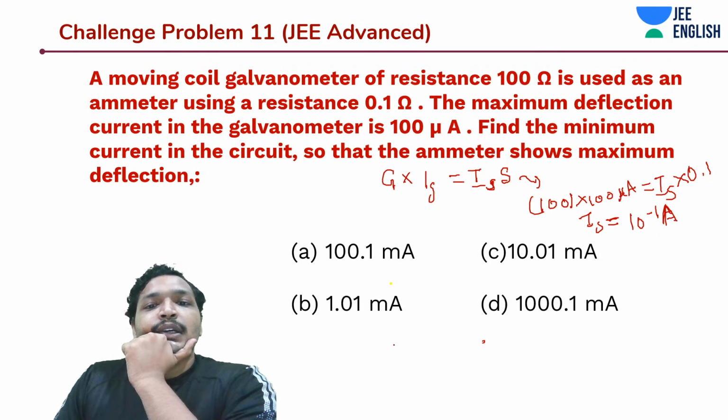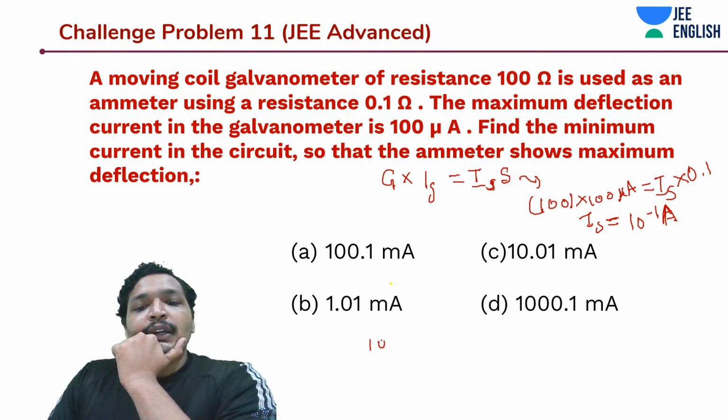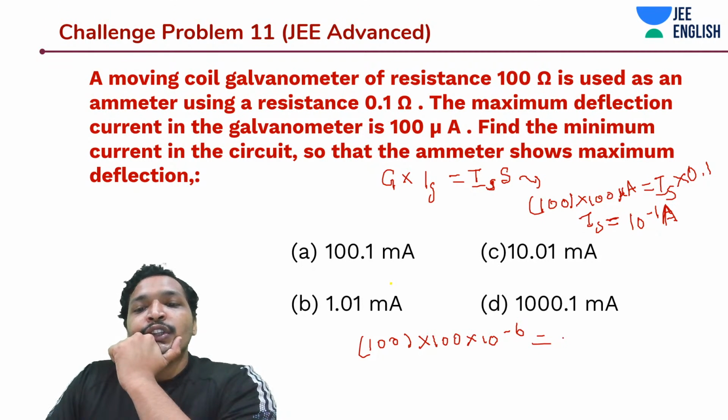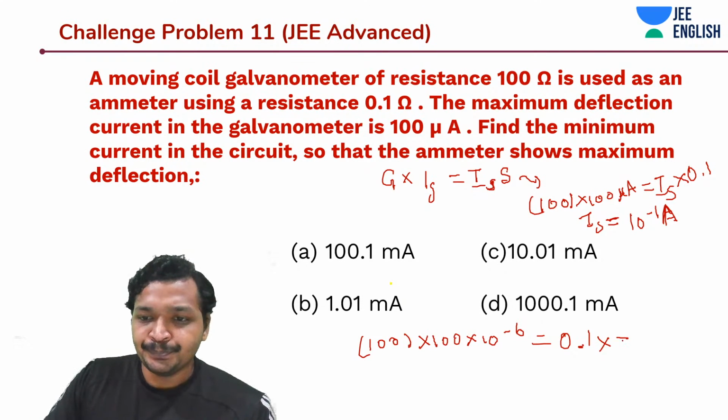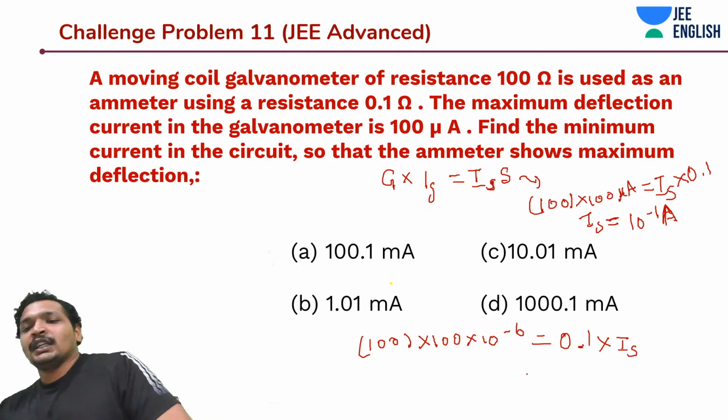So there should be 100 ohms of galvanometer resistance, 100 microamperes, 10 to the power minus 6, is equal to 0.1 ohms into the shunt current. Maybe I noted down the question wrong, or there isn't any answer.